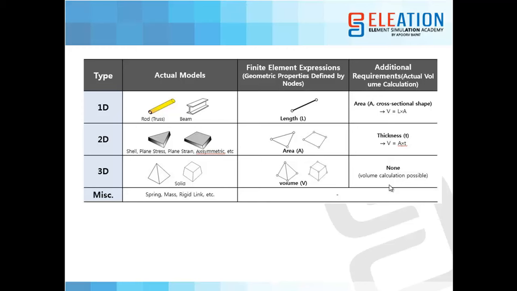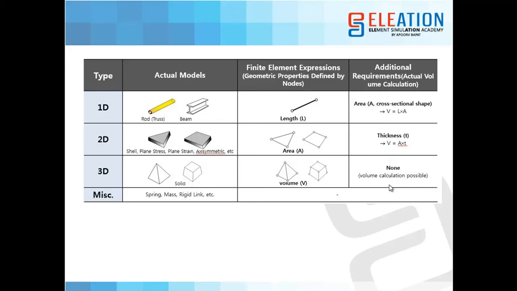Now in 3D we have, for example, solid components like hub, knuckle. These types of components are 3D components where all the 3 dimensions, that is length, width and height, are comparable. So we create 3D shapes of elements which are themselves complete in volume.